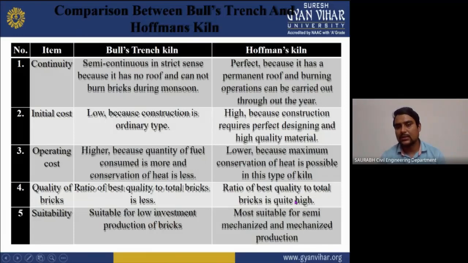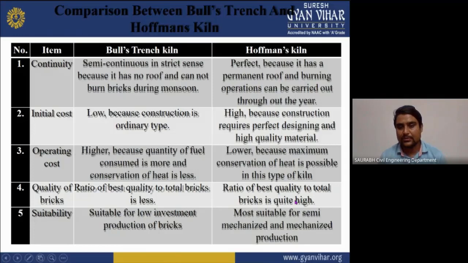You can do the work with an ordinary type of structure. But in Hoffman's kiln you have to prepare a very high quality structure, and in the construction of Hoffman's kiln it is required to use very high quality material.